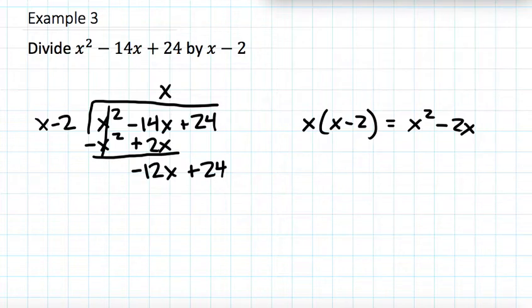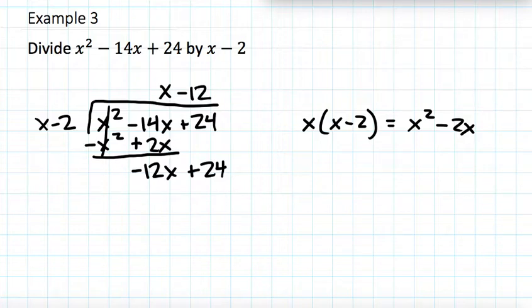Now, it's time for me to repeat the process just like I did in the problem with numbers. So what I want to think about now is, what do I multiply by x to get negative 12x? Well, that would be negative 12. Negative 12 times x is negative 12x. So minus 12 is what's going to go up here. I don't worry about the 24 and I don't worry about the minus 2.